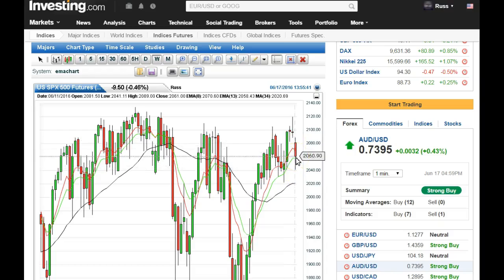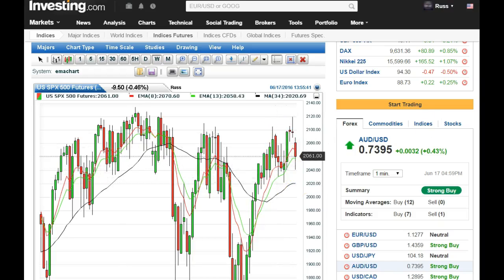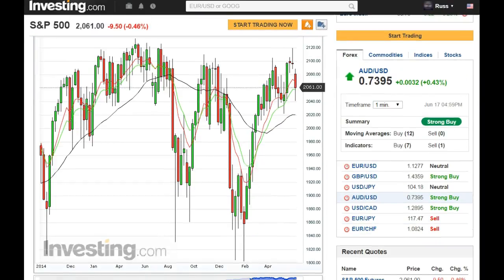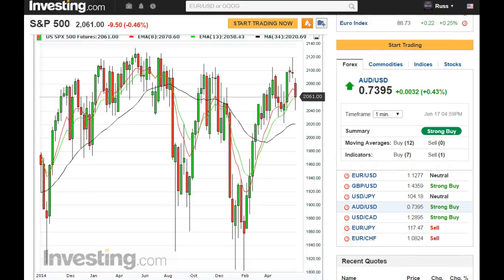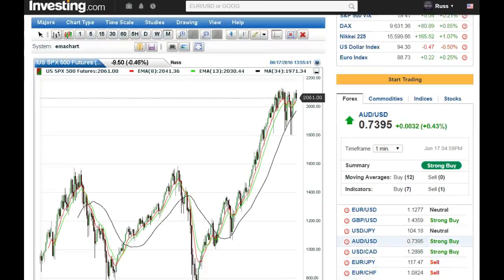We did recover above our EMA 13, so we got support on the way down. We got support at 2040 and 2020. But the markets don't look good, so look for previous low breaks on the way down. But S&P's got support on the way down.